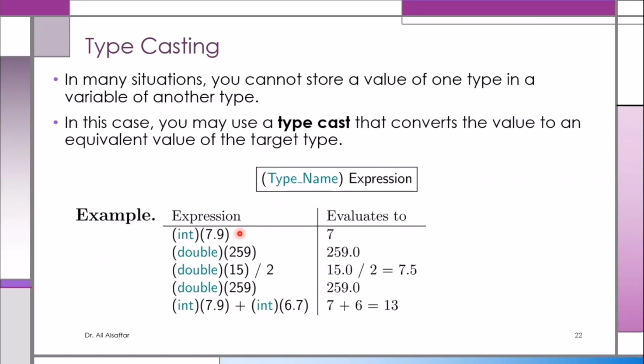To convert a real number into integer, you simply ignore the fractional part, regardless of what the value of the fractional part is. So here 0.9 is probably big, but this is not rounding. This is converting. It will truncate, which means remove any fractional part of the variable. So the answer will be 7.